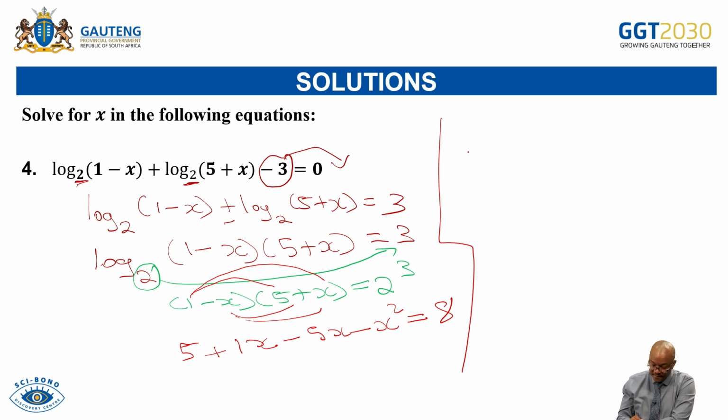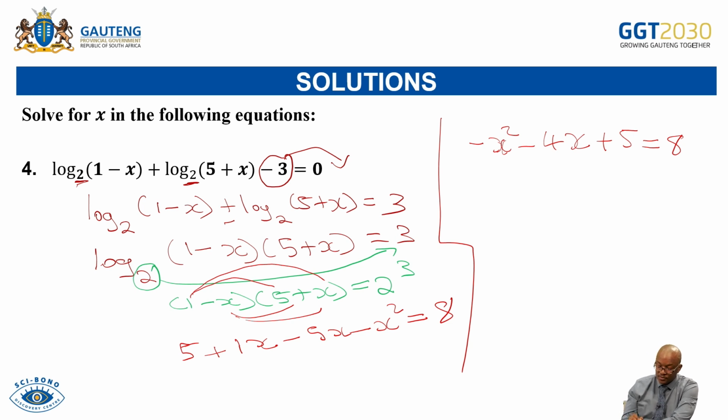So we're going to have negative x squared, when we put it in descending order of x, minus 4x plus 5, is equal to 8.